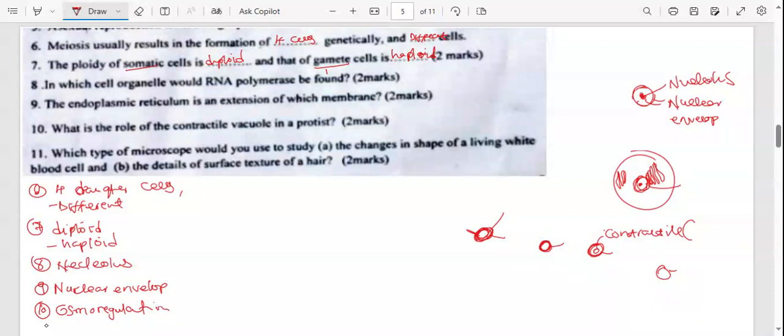All right. So osmoregulation. Then question 11 says, which type of microscope would we use to study the change in the shape of living white blood cells? So the white blood cells engulf something, and in that change they make themselves move like an amoeba.